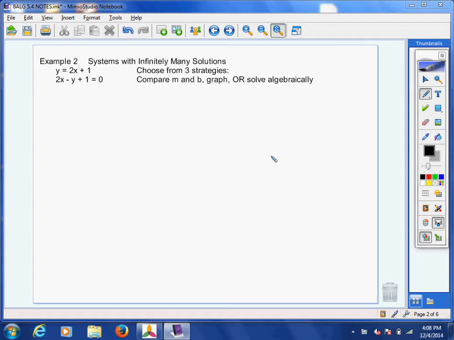In example 1 of this section, I showed you when they don't intersect, because it is possible to have two parallel lines, and of course we know that they don't intersect.